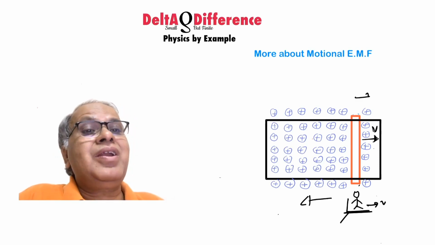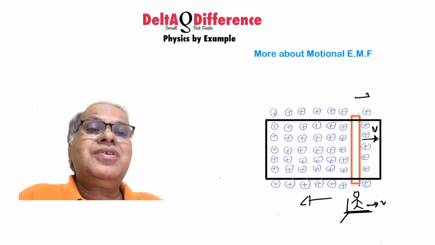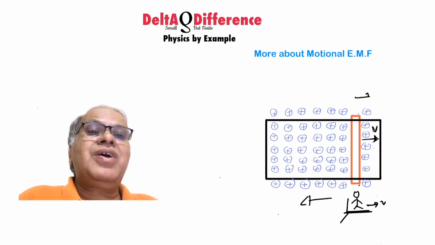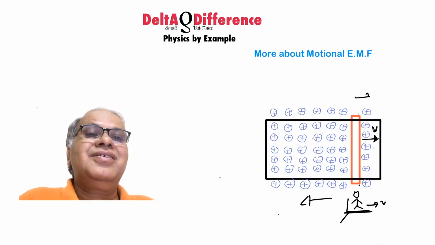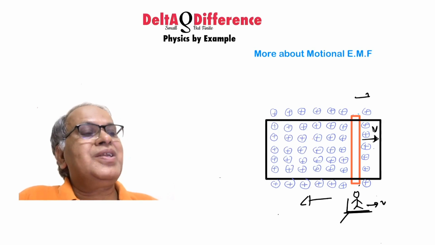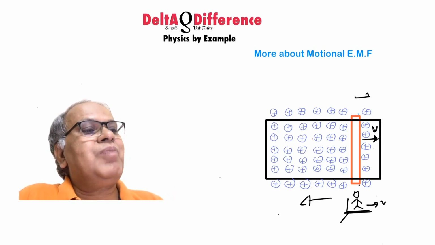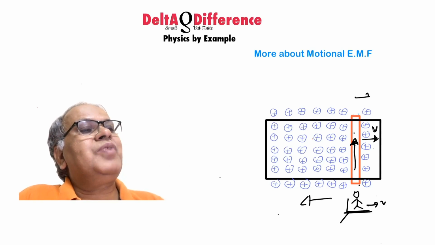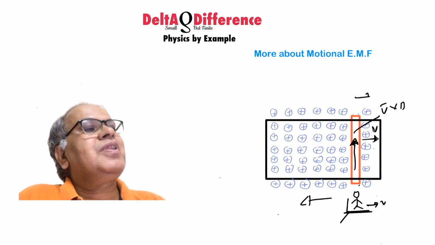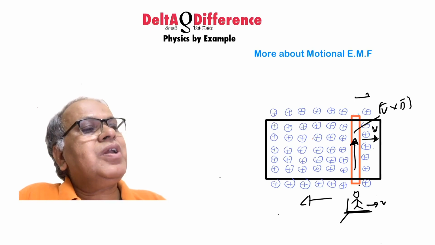A time varying magnetic field will produce an electric field, we already know from Faraday's explanation, right? Therefore, now we can easily understand, yes, there will be one E developed here along the rod, which is what? V cross B. That V cross B is going to do work along the rod.